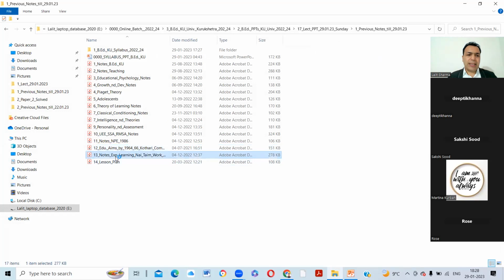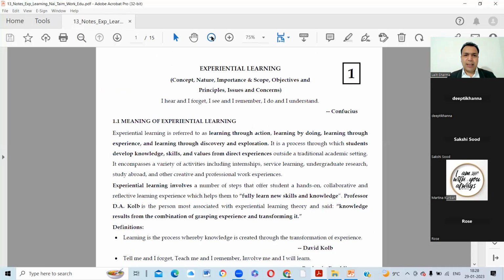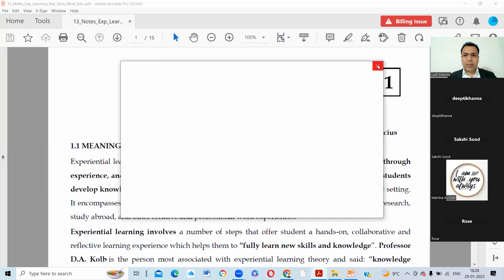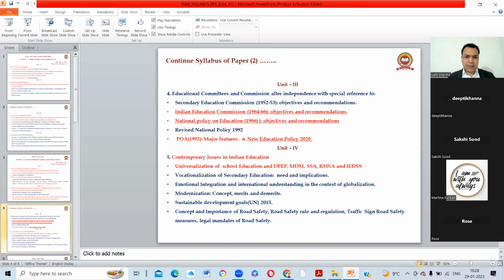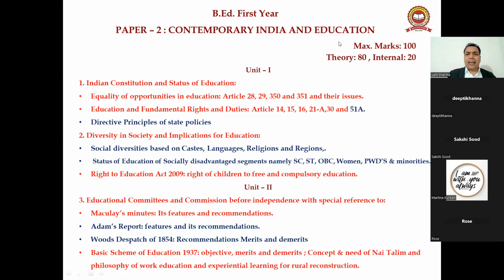Next, notes of experiential learning. This is experiential learning, and it talks about work education. You can see in your syllabus where this is. Yes, this is Unit 2, Contemporary Indian Education.